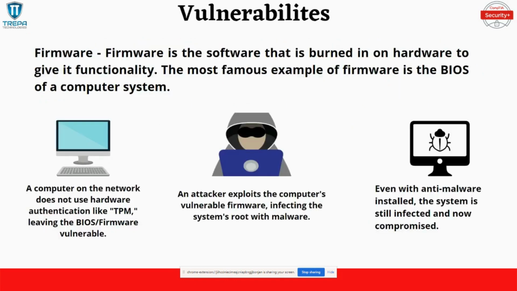Now let's move on to firmware. So firmware is software that is burned into hardware to give it functionality. So think about your computer's BIOS that functions without the operating system. That is using firmware. And firmware, once altered, can be hard to revert. There are preventative measures we can use to protect the firmware of our devices. One example is using TPM, a Trusted Platform Module, to authenticate that firmware has not been changed.